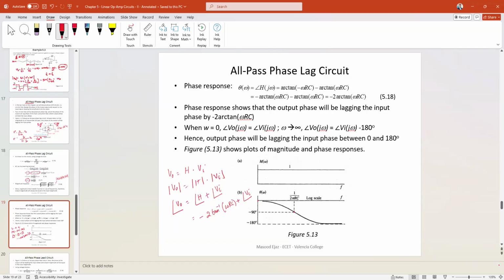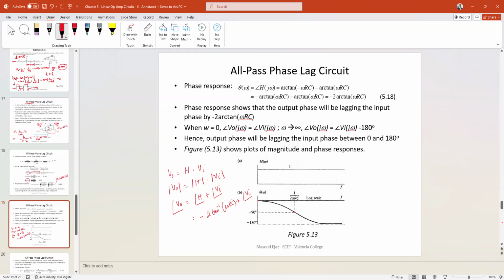So if you take the limit at 90 degrees, the tangent value is going to be infinite. At 90, it does not exist, but as you go close to 90 degrees, it becomes a very large value, almost infinity. So anytime you're taking tangent inverse of a very large number, that corresponds to 90 degrees. So omega tending to infinity means tangent inverse of infinity is 90 degrees times -2, which will be -180 degrees. And that's what you see in figure 5.13, that as omega becomes very large, the angle becomes -180 degrees, and that's going to be the final angle.